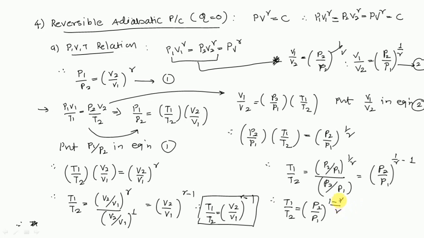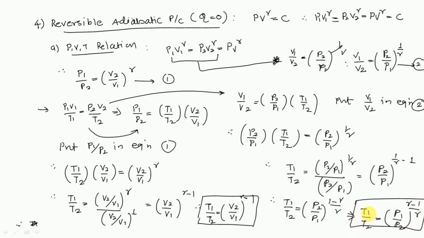This is the relation we established. Also we can write T1 by T2 is equal to P1 by P2, changing it from the denominator, raised to gamma minus 1 upon gamma, because the common sign is minus. That is the final relation established.